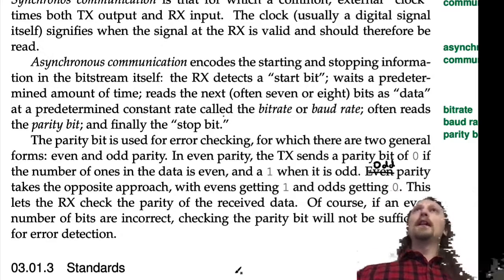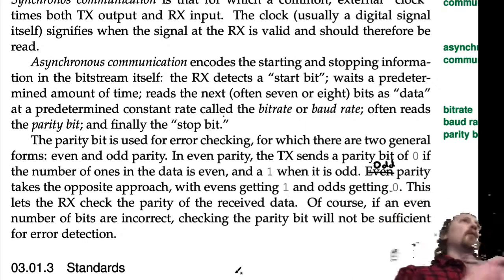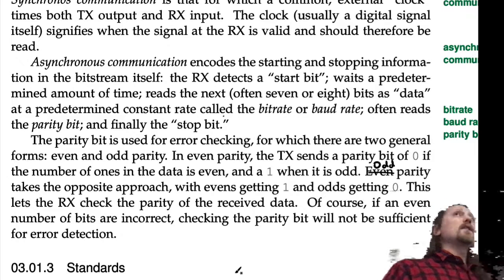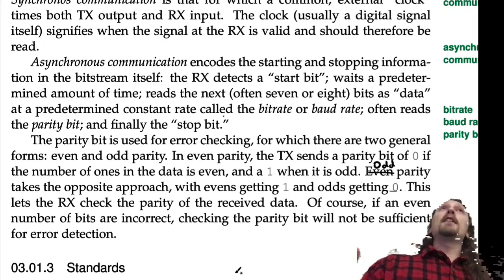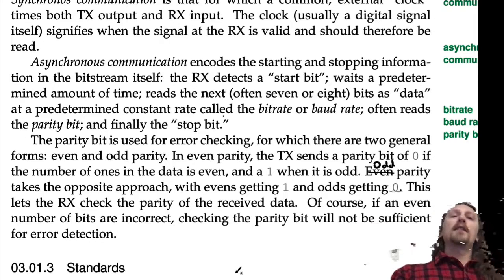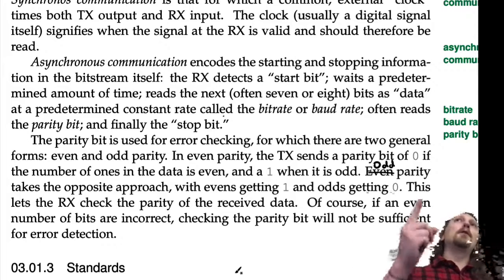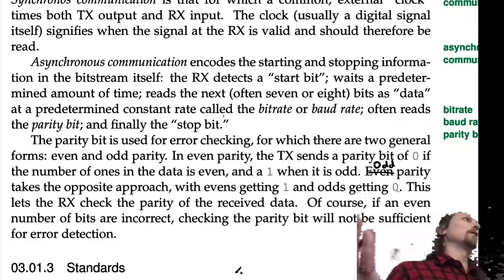I know that we're using even parity, so I'm checking to see if, in fact, the parity is as it was sent to me. And if the answer is yes, you can feel pretty confident that you have the correct transmission. However, if there happen to be 2 errors in your reading, then that parity bit will still check out.